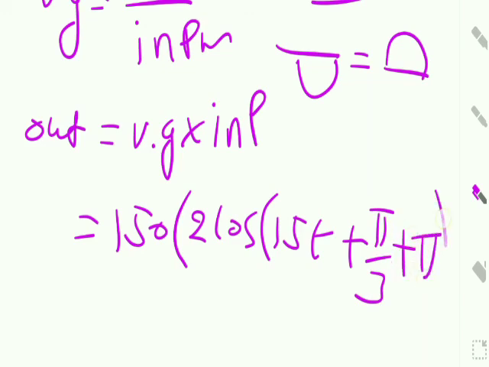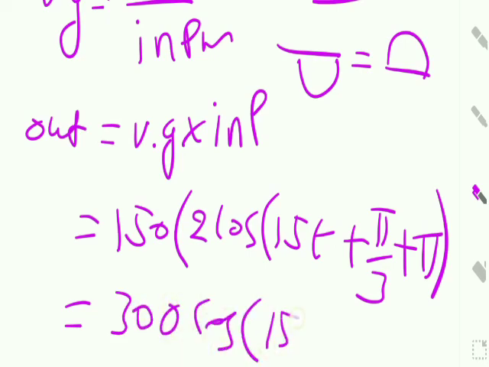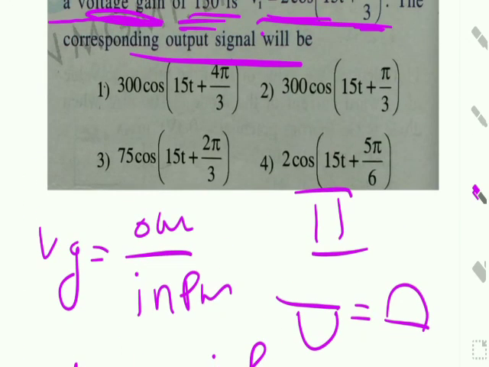So our answer is 300 cos(15t plus 4 pi by 3). Check the options. The first one is the right answer.